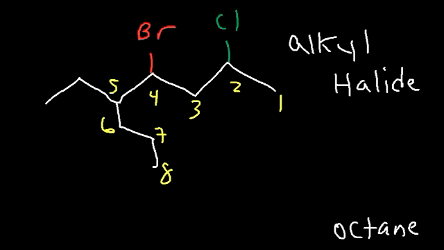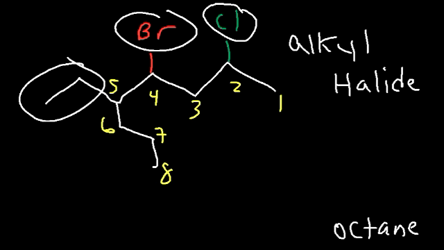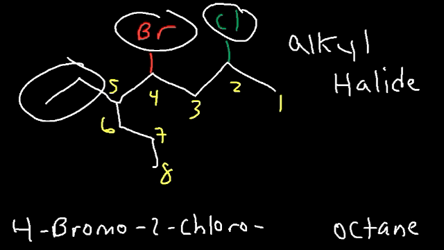So it looks like we have a chloro or chlorine group on 2, bromine on 4, and an ethyl on 5. So we need to alphabetize it. So B comes before C, which comes before E. So this is going to be 4 bromo, and then dash 2 chloro, dash 5 ethyl. Now we have to make sure that we've numbered it in the correct direction.